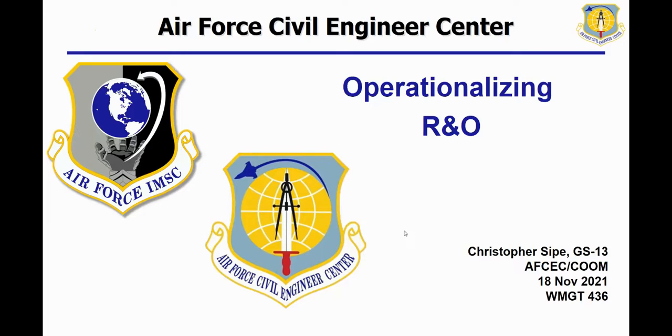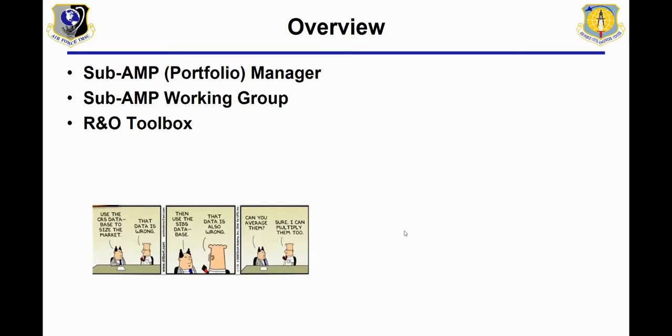Okay, so my name is Chris Sipe. I am the R&O program manager at AFCEC, and I'm going to go ahead and dive in. We're going to talk about operationalizing R&O, and we're going to start off by focusing on the sub-amp manager and everything that the sub-amp really touches on and how much of a key role they have, and how we can leverage a good mature sub-amp working group to help not just the B-Camp process, but the in-house process as well.